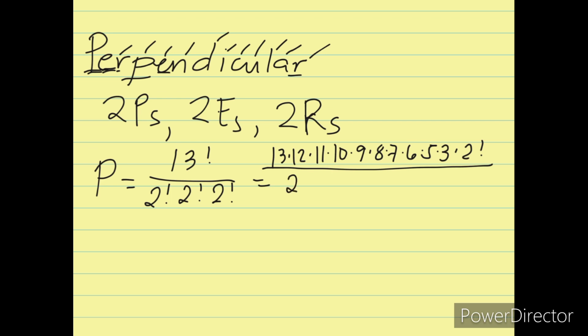All over the 2 factorial times the factorial of these two. We have 2 times 1, and the factorial of another 2 is 2 times 1. So cancel this 2 factorial. Then 2 times 2 is 4.